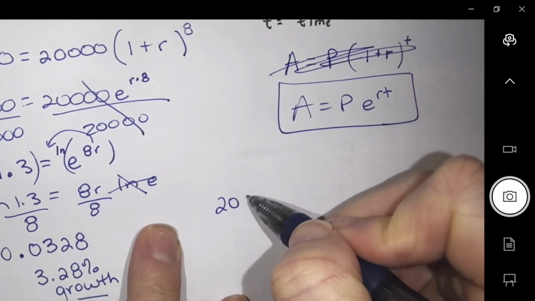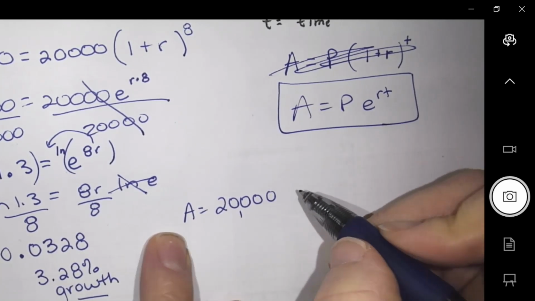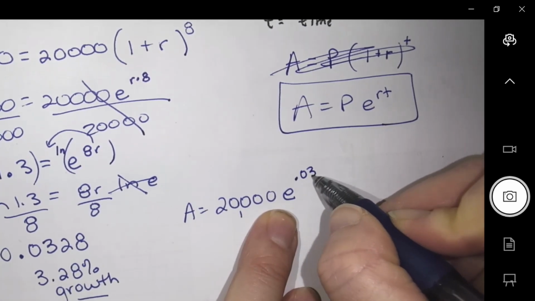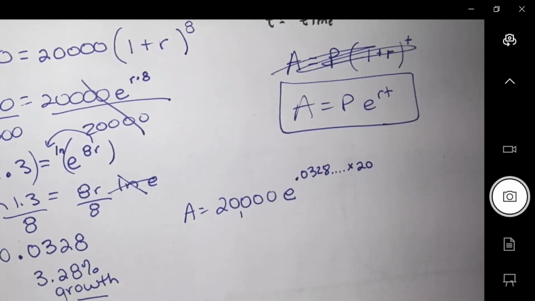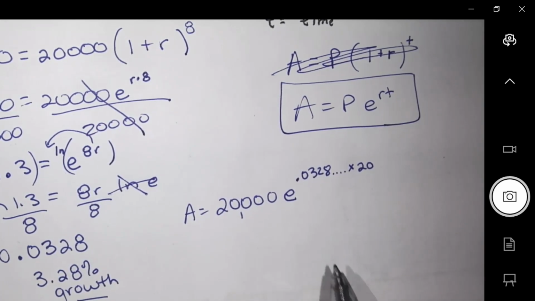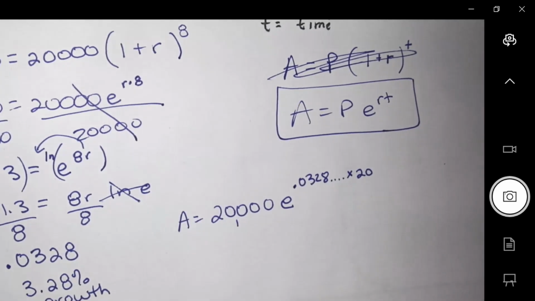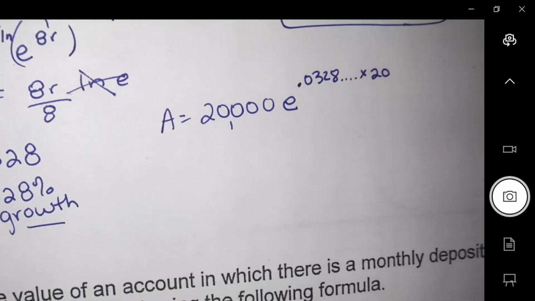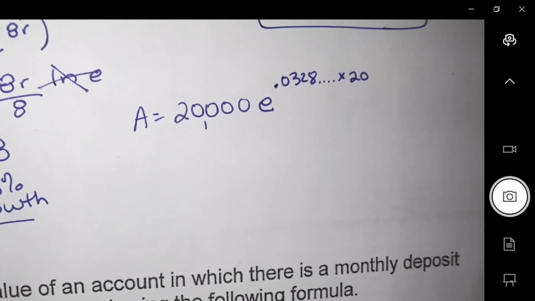Okay, so we started at 20,000, e to the r times 20. Why am I putting dot dot dots on this? I'm showing you that I'm just leaving it on my calculator. I'm not touching it. No rounding until the end.